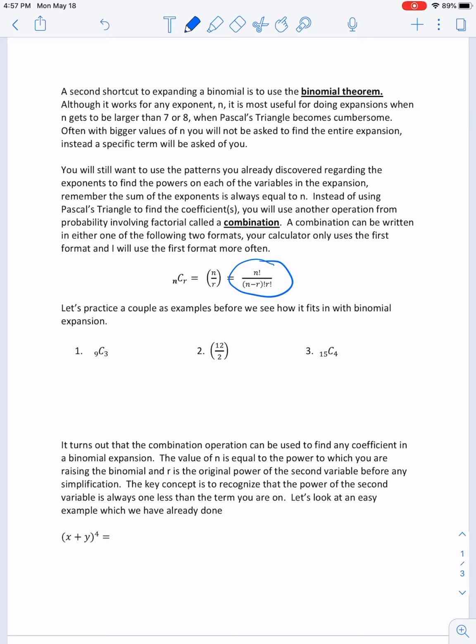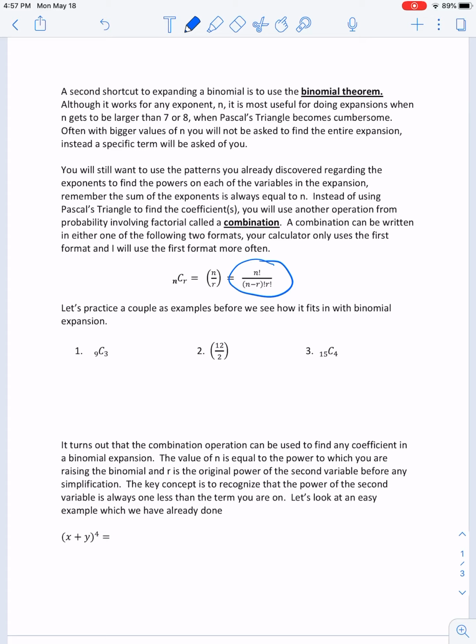So you don't need to use the factorial at all. You can use the nCr button on your calculator. Again, you'd have to tell the calculator ahead of time what you want for n and then r. Depends on what version of the TI-84 you have. Some of you will get to plug it right into the boxes and it'll look perfect. Others will have to, on the older versions, put in the first number, then activate the probability menu, put in the second number, and it'll actually still have the nCr in between.